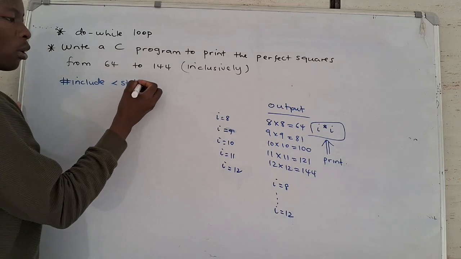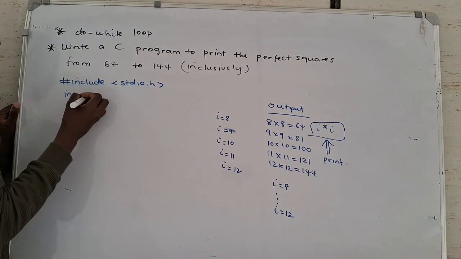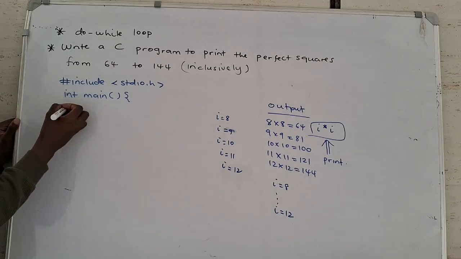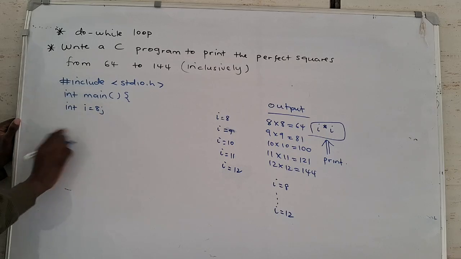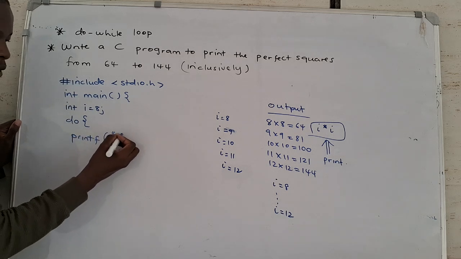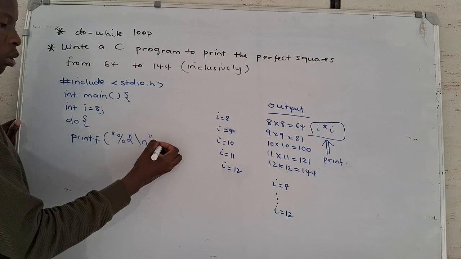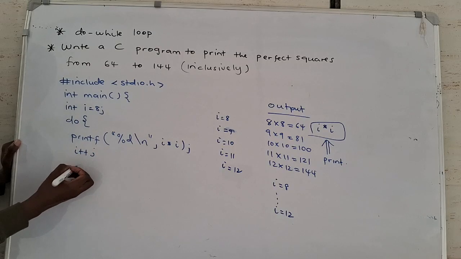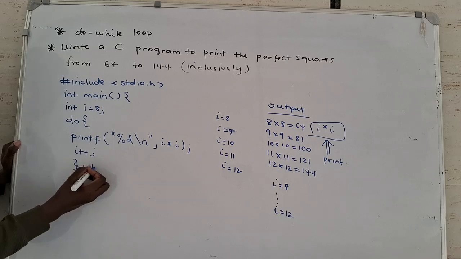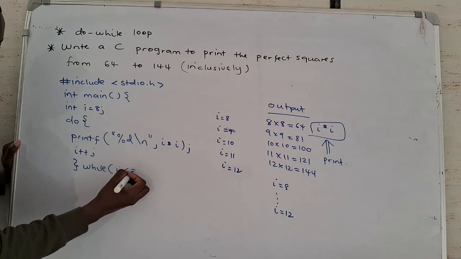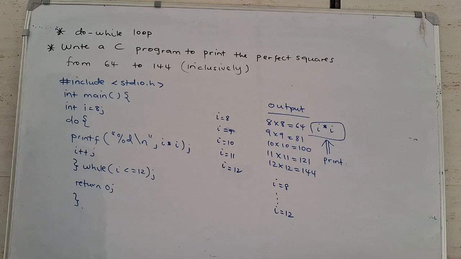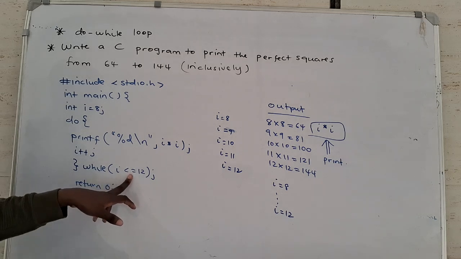Hash include. Okay, here we are. So here you can write I is less than 13.